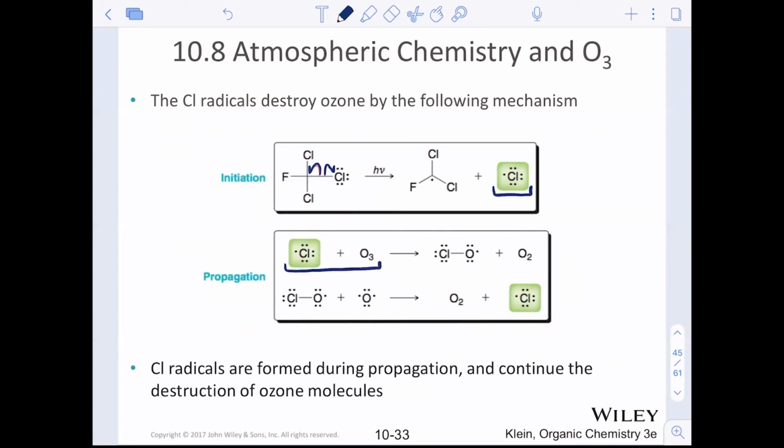This is very, very bad because then we make O2 and there's no ability for that oxygen molecule to react again with the oxygen radical to reform ozone. So there's no continuous process of formation of ozone. It's depleted and that's it. Chlorine radicals are formed in this step, and then the destruction of the ozone molecules will continue.